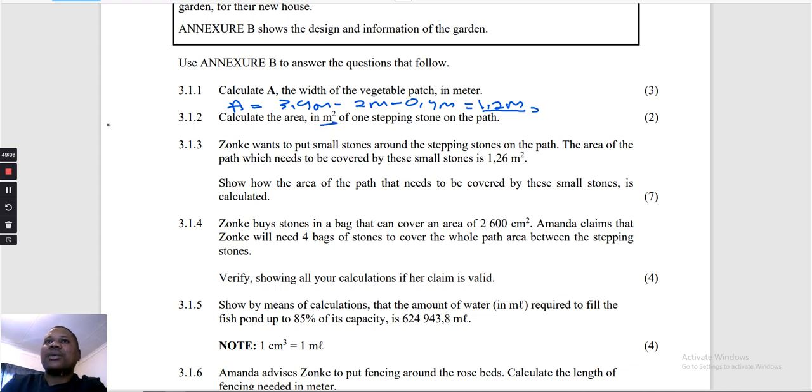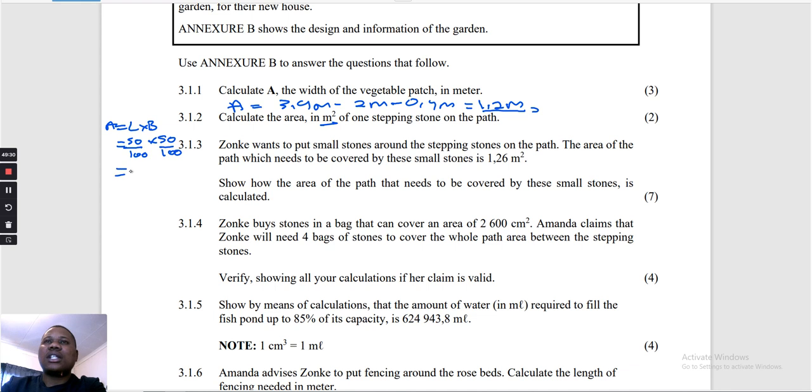So we're going to say area is equal to length times breadth. Our length is 50, our breadth is 50. But remember, these are centimeters. Therefore, we divide here by 100 and here by 100, so that we're converting our centimeters to meters.